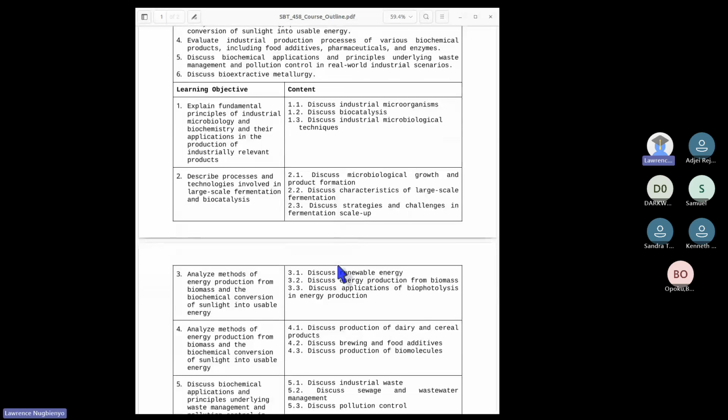scaling up of processes like fermentation, which is actually some aspect of the metabolism we did. Remember, we did metabolism of carbohydrates, and when we were talking about catabolism, the breakdown of say sugar, the process of glycolysis, Krebs cycle. We did mention that the Krebs cycle is in aerobic condition.